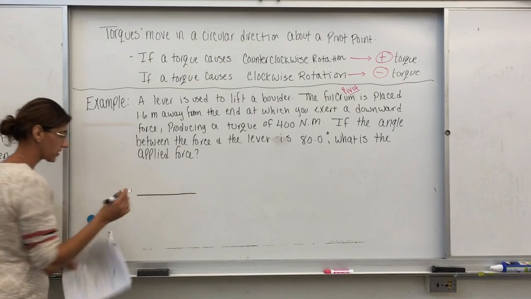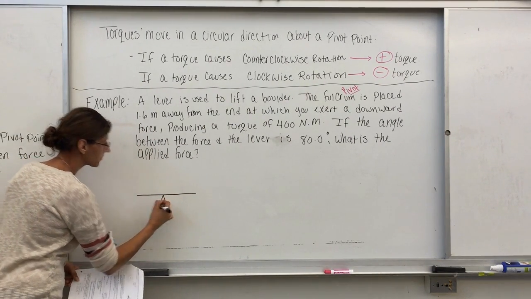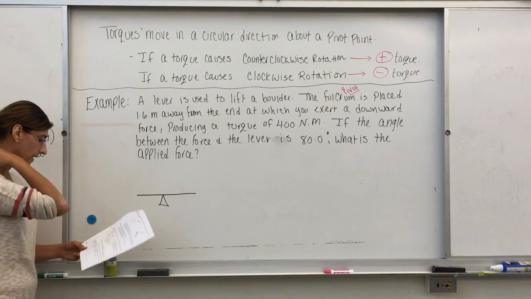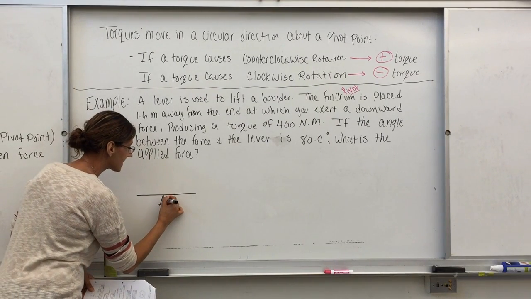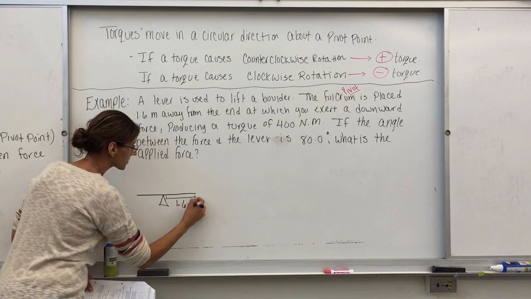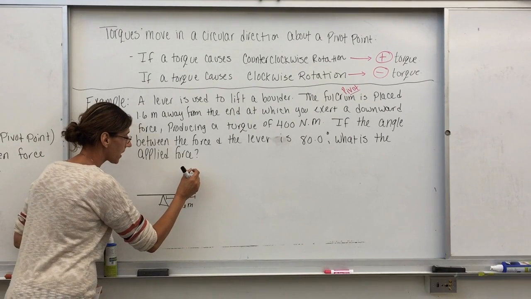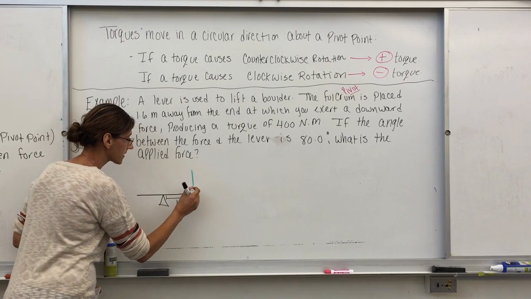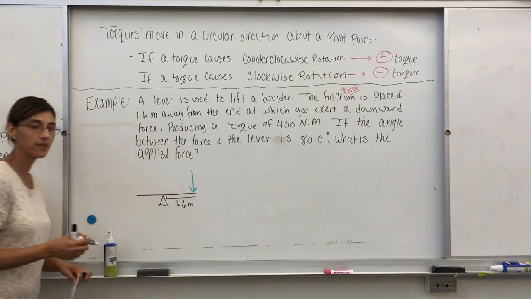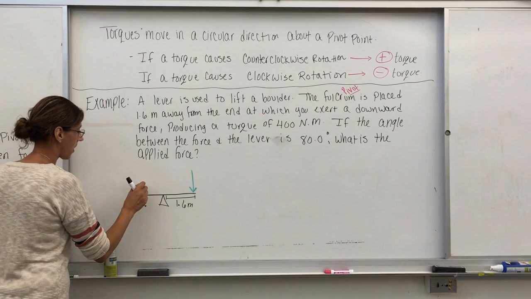You have your lever with a fulcrum, and we'll use a triangle to show the fulcrum, and you have a distance of 1.6 meters from the end where you apply a force on the fulcrum to lift the rock.